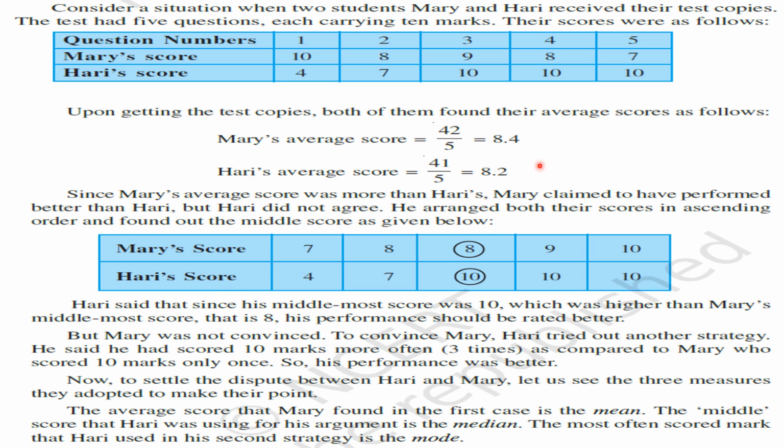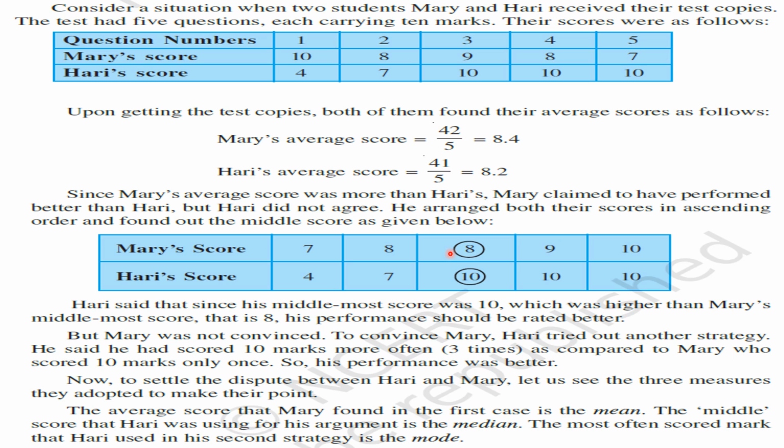As I mentioned here, the average score of Mary is greater than the average score of Hari. But Hari did not agree. Hari arranged both their scores in ascending order and found out the middle score as given below.